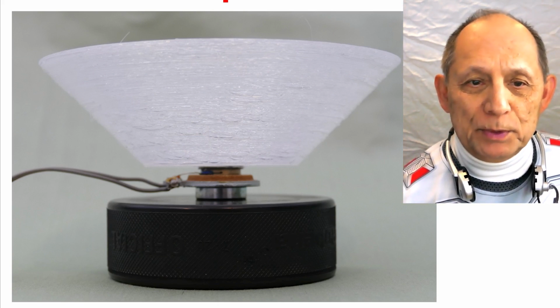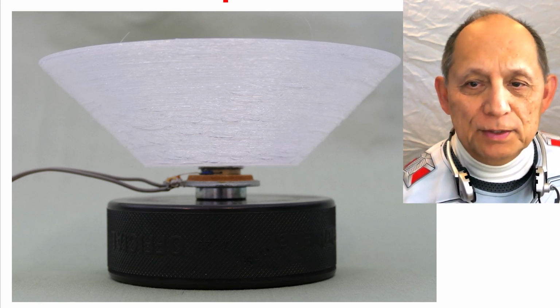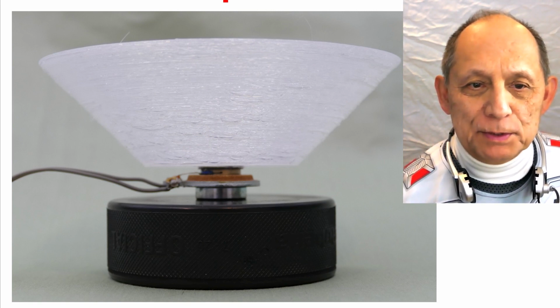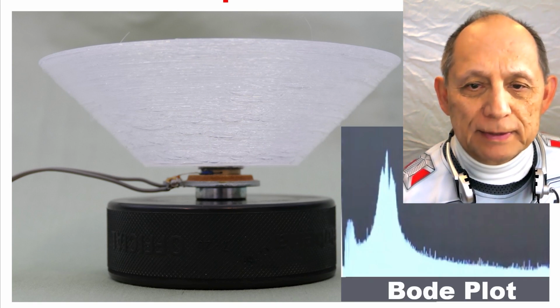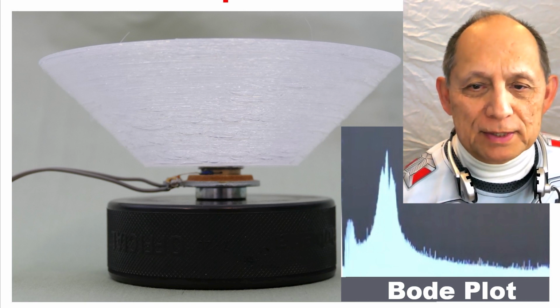The speaker output was monitored with a vibration sensor and a microphone, and you can see the rudimentary speaker I tested. The amplitude of each frequency was plotted on an oscilloscope to produce a complete Bode plot of the speaker's frequency response. You can see the response envelope is not at all flat, so this speaker has lousy performance and is not recommended as a design.